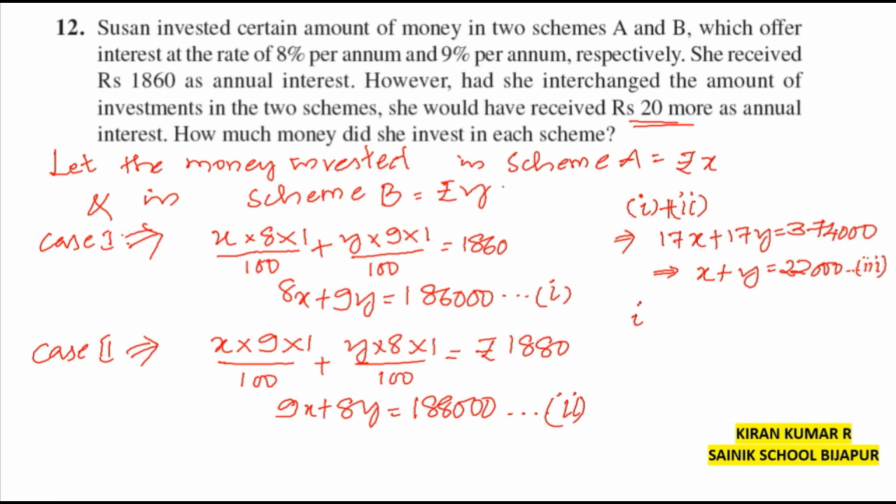Now if you do this, equation 1 minus equation 2, you will be getting minus x plus y equal to minus 20, minus 2000.